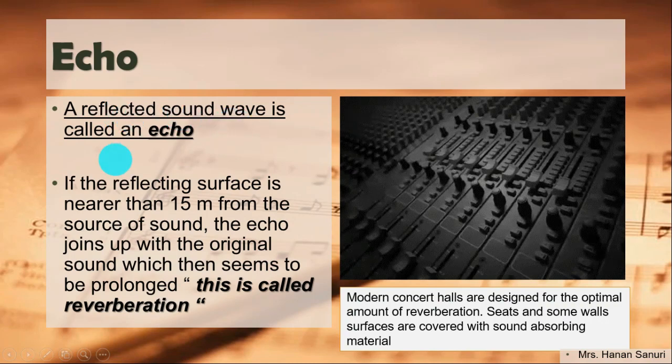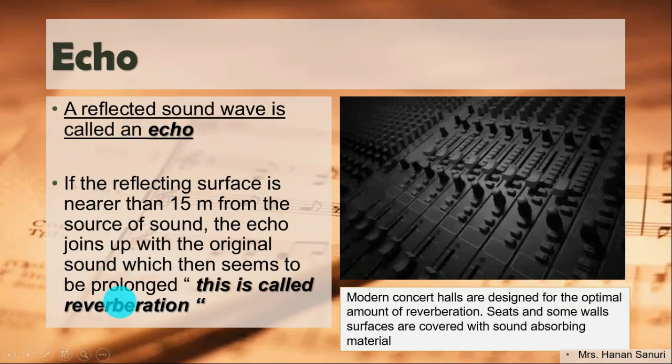But we have a case: if the reflecting surface is nearer than 15 meters from the source of sound, the echo joins up with the original sound, which then seems to be prolonged. This is called reverberation. So we have echo, and we have reverberation.